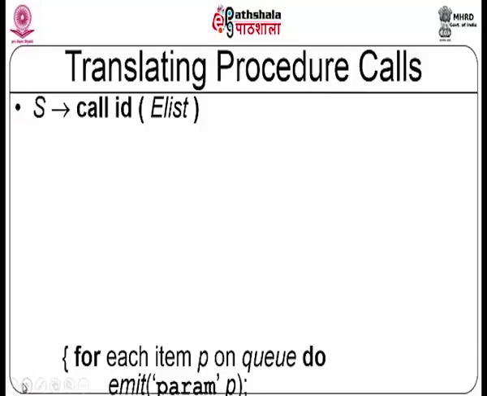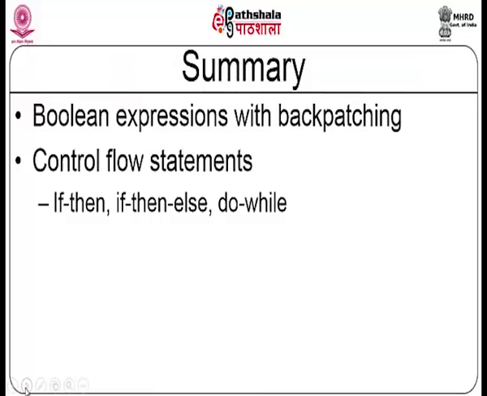We have also looked at the control flow statements in the context of backpatching, where it incorporated if then else and do while, and you are incorporating this by creating new attributes for the non-terminals S and L, where you will have an L dot next list and an S dot next list, in addition to your S dot next, which is a single label, and L dot next, which is also a single label there.